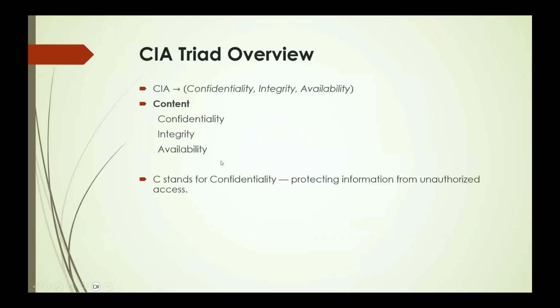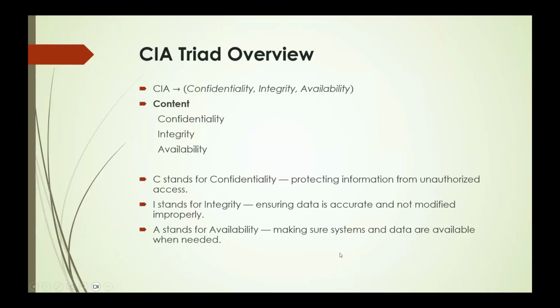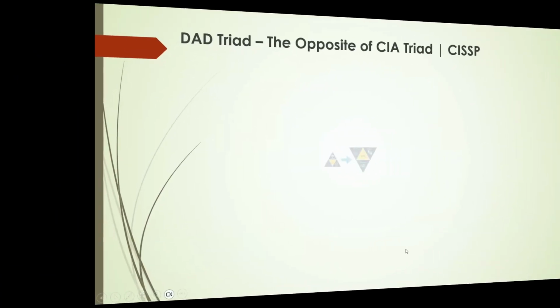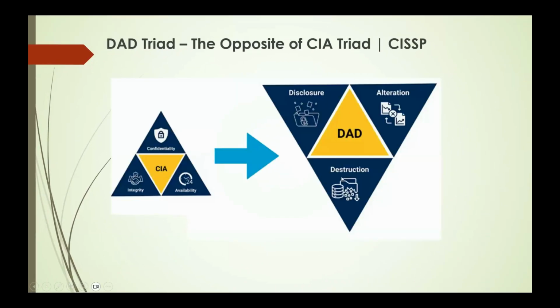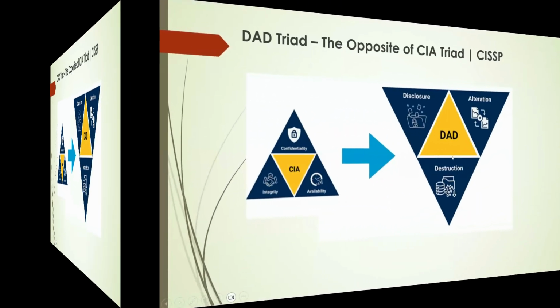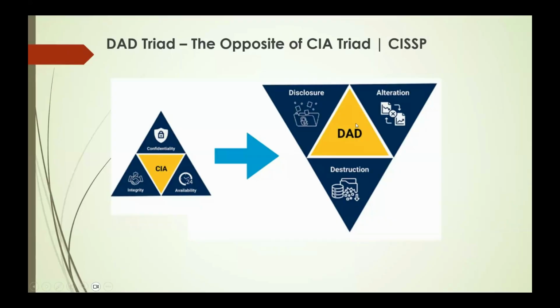In CIA, we spoke about confidentiality, integrity, and availability already. The DAD triad speaks exactly opposite of confidentiality, integrity, and availability, which is disclosure, alteration, and destruction. So the DAD triad represents security failures or attackers' objectives.